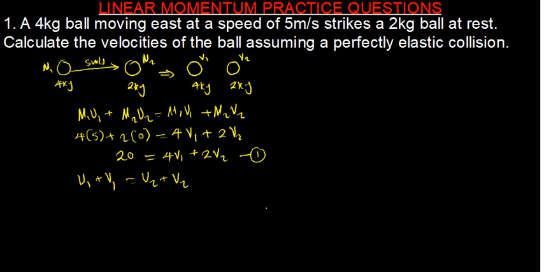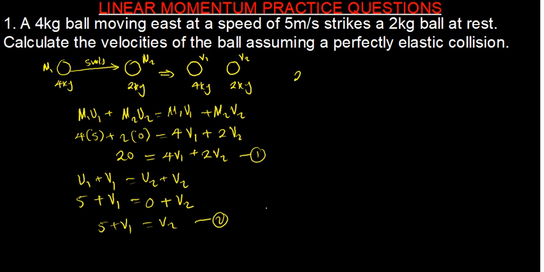This is from the conservation of kinetic energy. The initial velocity of the first ball was 5. The final velocity of the first ball we don't know. The initial velocity of the second ball was at rest, 0. The final velocity of the second ball we also don't know. So this gives us 5 plus v1 being equal to v2. We call this our second equation, and we're going to solve these two equations simultaneously.